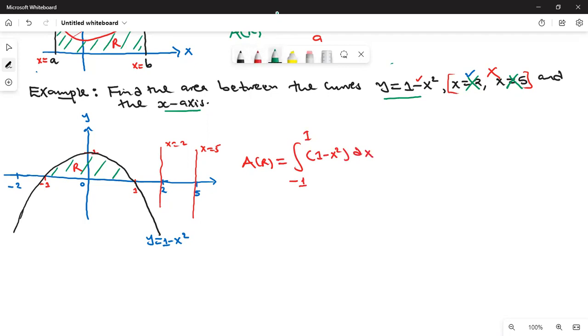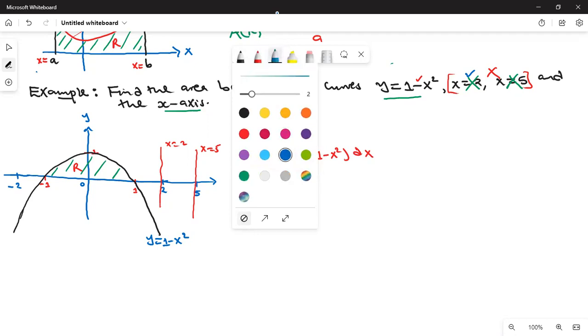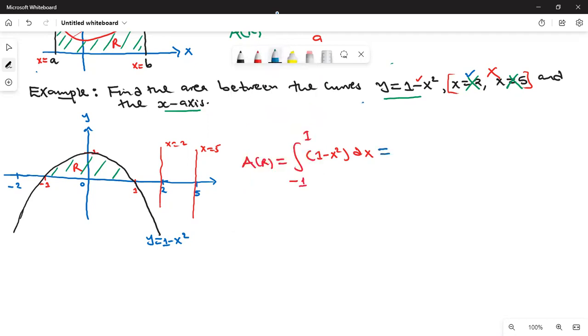And so, let me use blue. This will now give you x minus x cubed over 3 from negative 1 to 1. And so this is equal to, when you plug in the limits of integration, let's start with the upper limit. We'll have 1 minus 1 over 3.